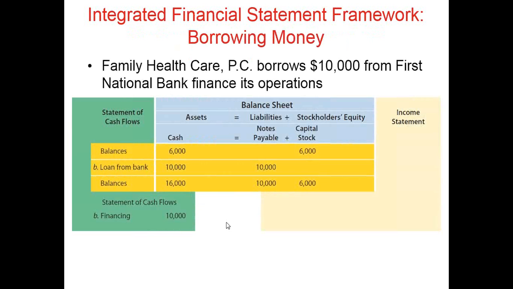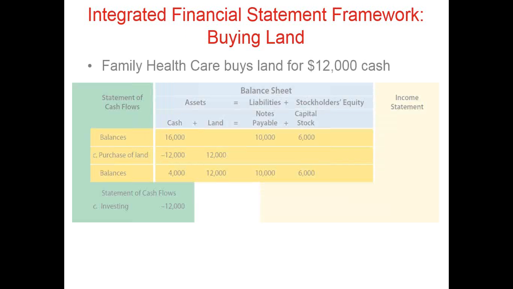So in this case, we're going to increase our cash by $10,000, increase our notes payable by $10,000, and again, we'll have an entry on our statement of cash flows. Everything that flows in and out of that cash account has a place on the statement of cash flows.